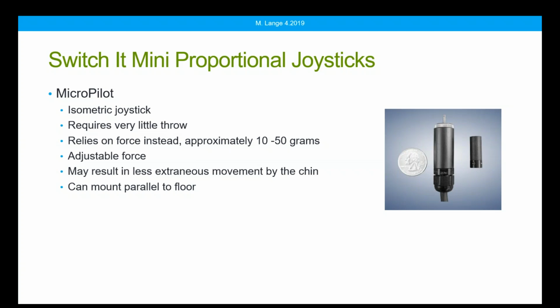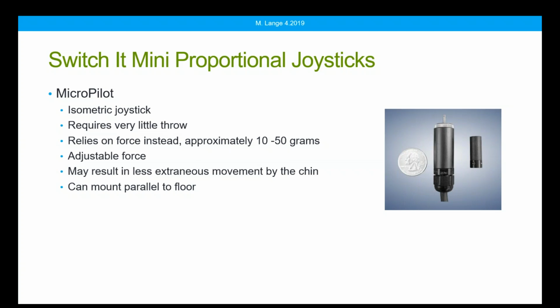Because this is isometric, it may result in less extraneous movements by the chin. So imagine you're driving with a chin joystick down the sidewalk. There's always vibration coming through the chair. There's some rocking and rolling happening on the chair too, between the chair and the environment, the surface underneath it.